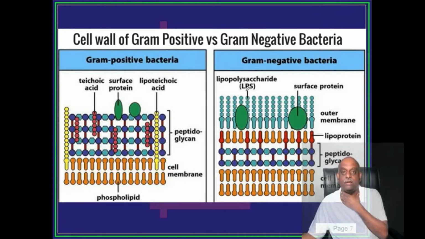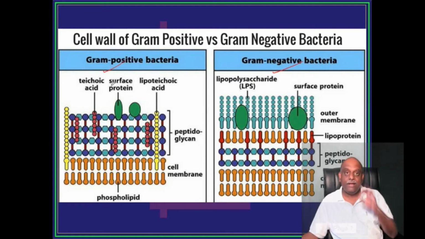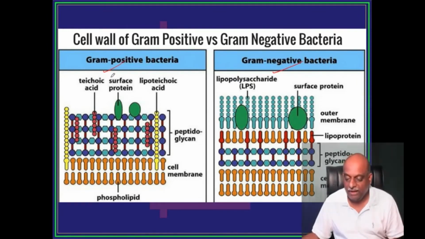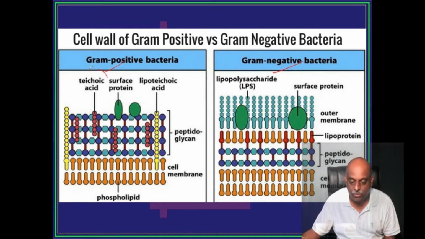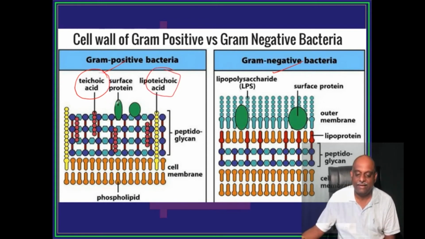Once more doctor, this is the fundamental part of the story you should be sure about. Gram positive versus gram negative. A very unique thing that you need to know in gram positive is the teichoic acid. Lipoteichoic acid is the one which you need to remember, which is responsible for a lot of properties of the gram positive organism.